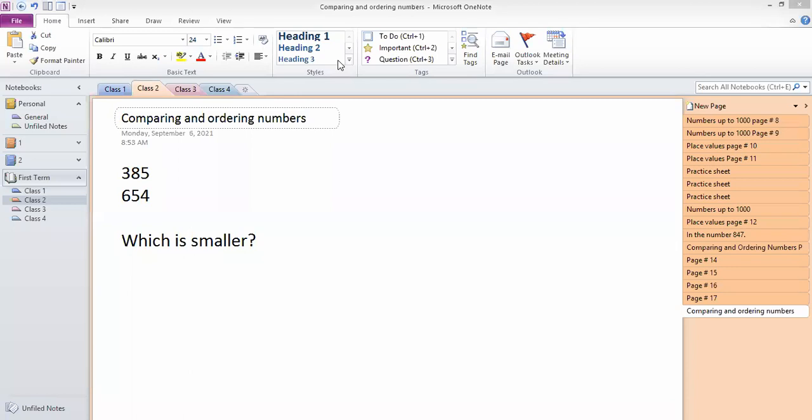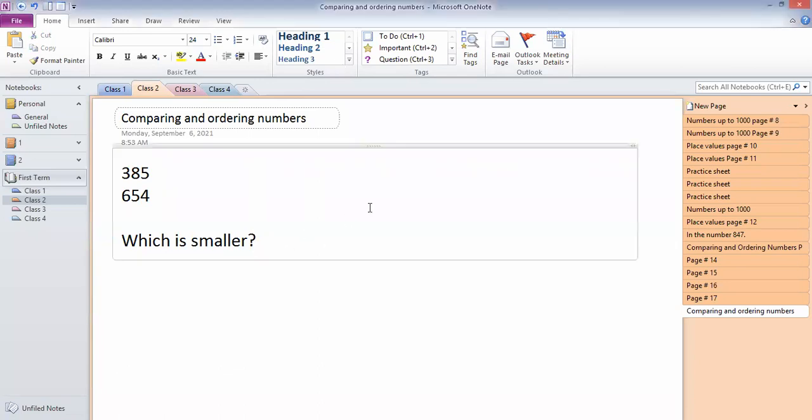Either 3 is smaller than 6 or 6 is smaller than 3. Which number is smaller, 3 or 6? Very good. 3 is smaller than 6.